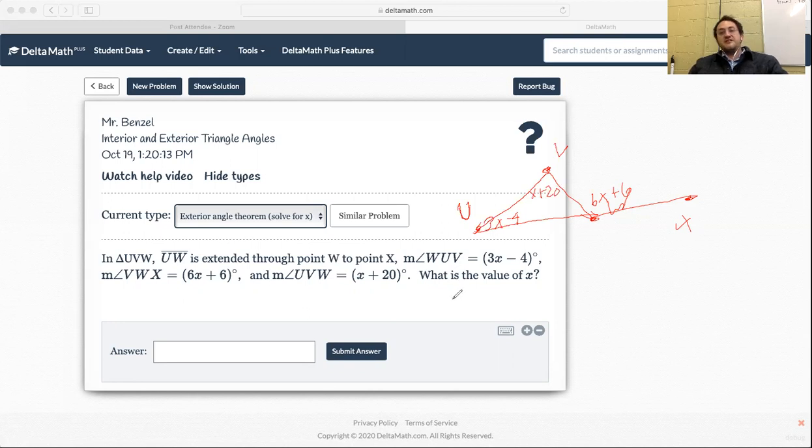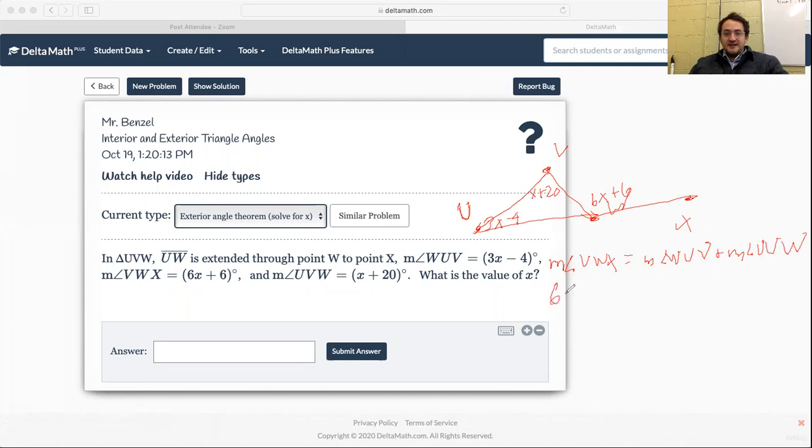So what I'm going to do is use the remote interior angle theorem, or what we call the exterior angle theorem in this case. We see it either way. You have this exterior angle, which is the measure of angle VWX, and then you add it to the other two angles, the measure of angle WUV and angle UVW.